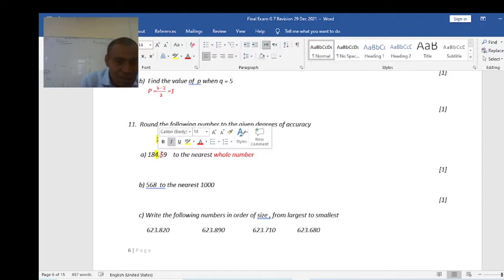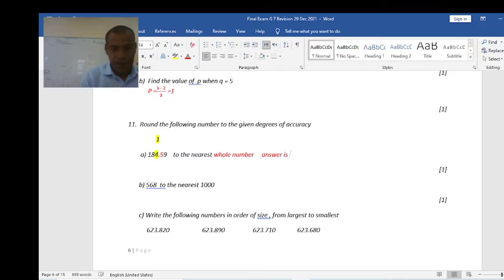This one, no need to write it, 59, the digits on the right hand side of the decimal point, no need to write it because you are going to find a whole number. So the answer is 185. Clear? For the second one, try to round this number to the nearest 1000.